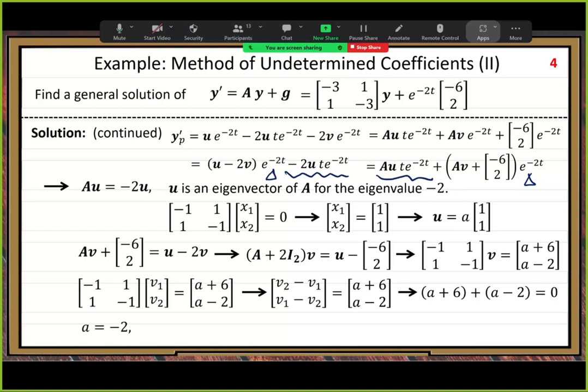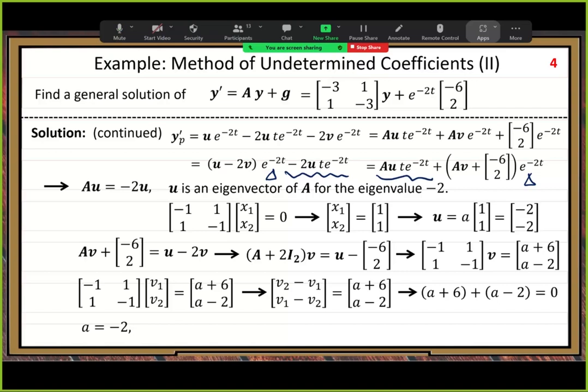So you find A equals minus 2. Otherwise, you cannot solve this equation. Only when you choose A equals -2, you can find a solution. If A is not equal to -2, there is no solution. So we have to choose A equals -2 here.